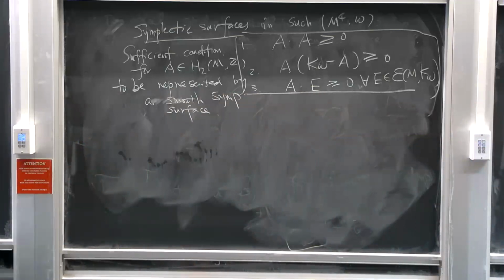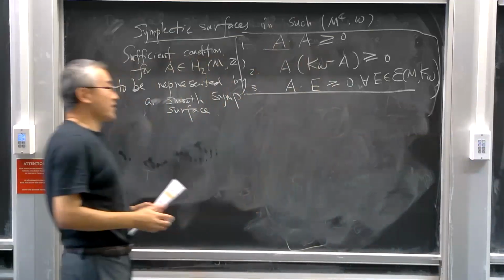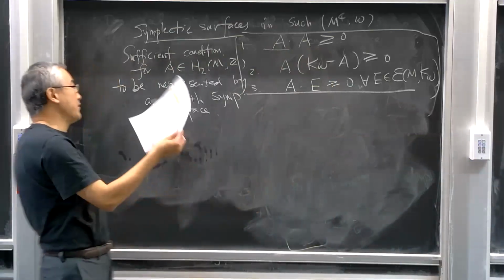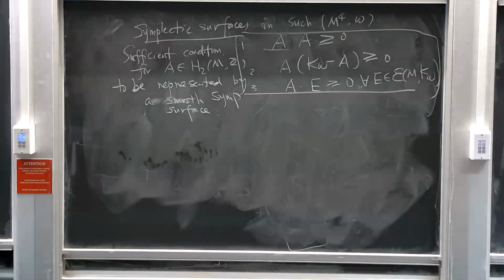It's conjectured that isotopy holds for all homologous symplectic surfaces in CP2. But the technique is pseudo-holomorphic, and when you look at their proof, you see that it's hard to go further.